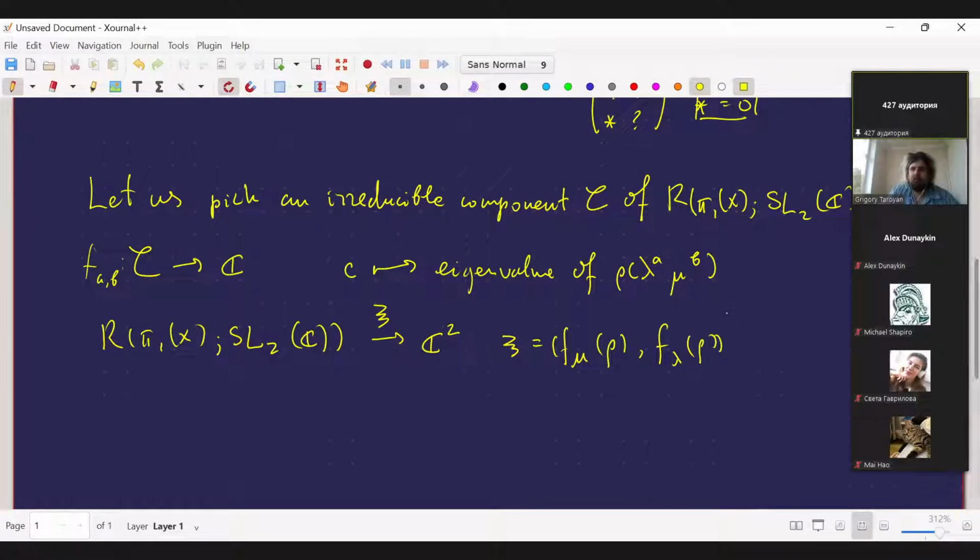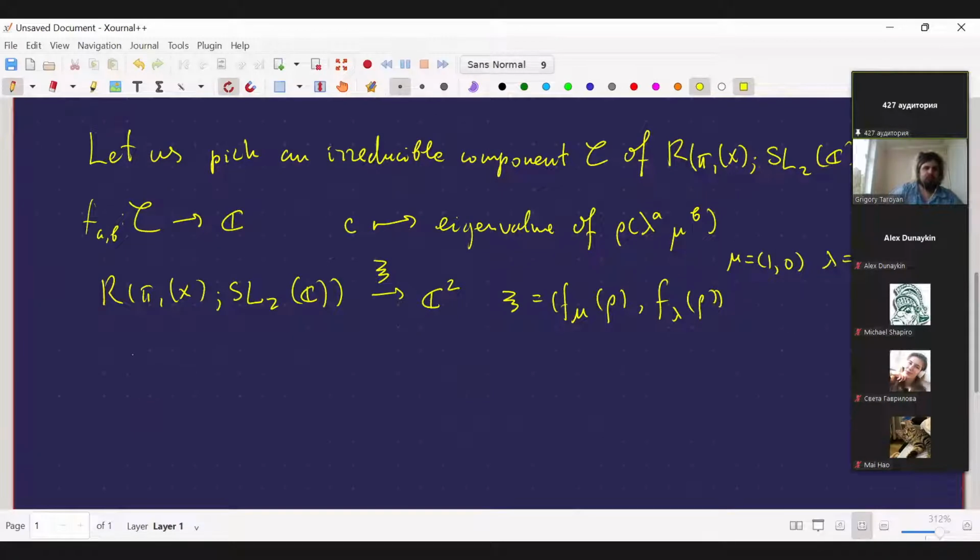By mu I mean (1, 0), and by lambda I mean (0, 1) in the notation above. The image of this projection may not be Zariski closed, but after taking the closure, we obtain a certain curve inside of C squared. And since any curve in C squared is given by a single polynomial, we have a polynomial whose zero set is precisely the closure of the image of this map psi.